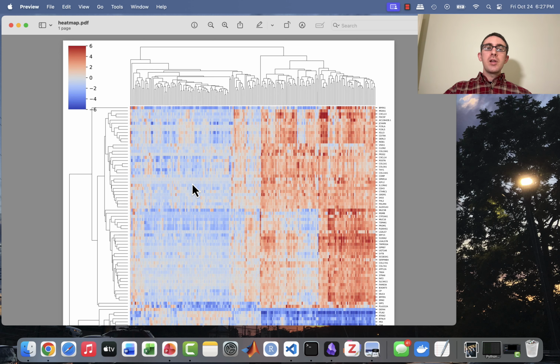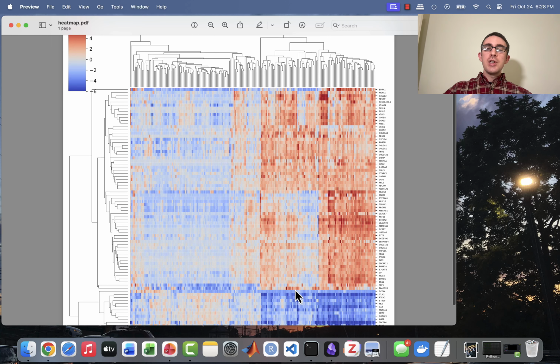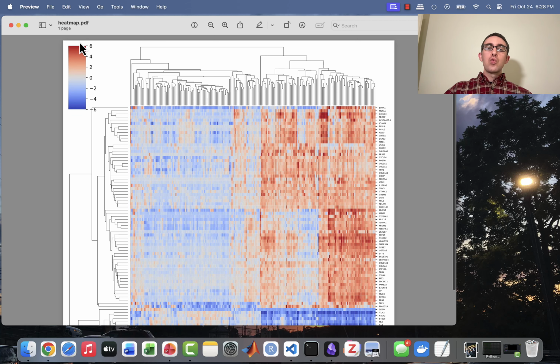So something that's gray or close to zero means that that sample's expression was close to the mean expression of the control samples for that gene. And the blue color means that a sample and a gene had lower expression compared to the mean of the controls for that gene. And then red means higher expression in that sample compared to the mean of the controls for that gene.